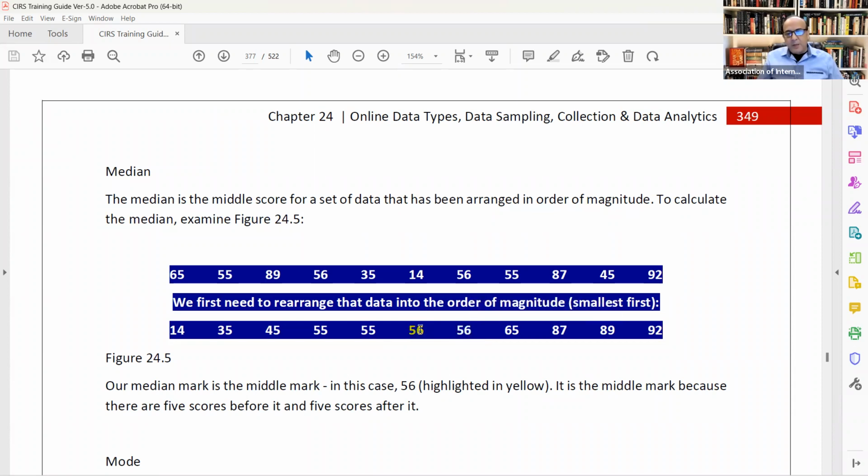So the best method would be to use median, where you give some organization to how the numbers are laid, not sequential, but rather from smallest to the largest. And then you're going to select the sixth one, which is 56, which is this 56. And in effect, the other 56 might be slightly different.